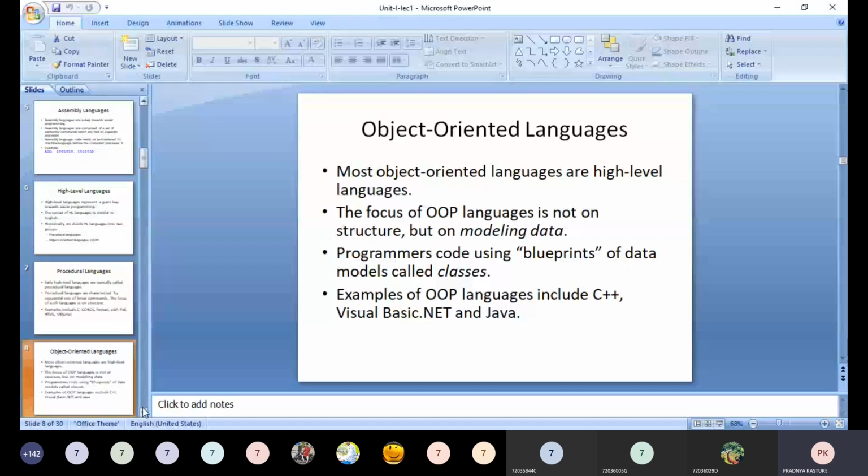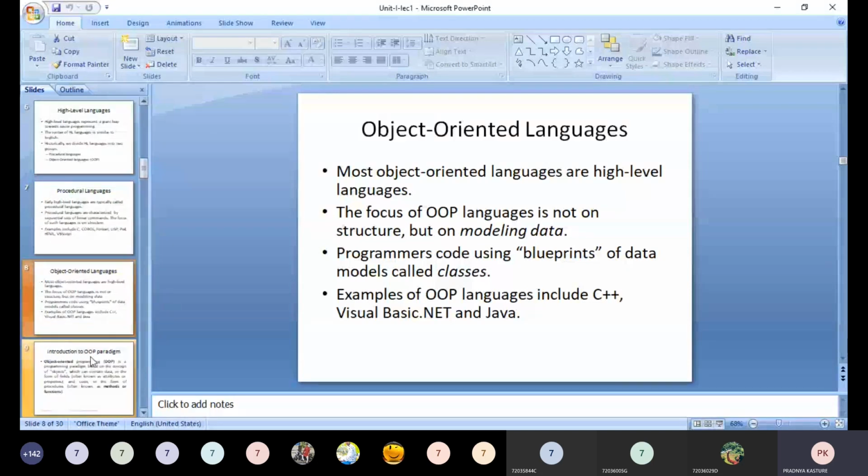Right now we have started with the object oriented languages, for example C++. Now what is the OOP paradigm?